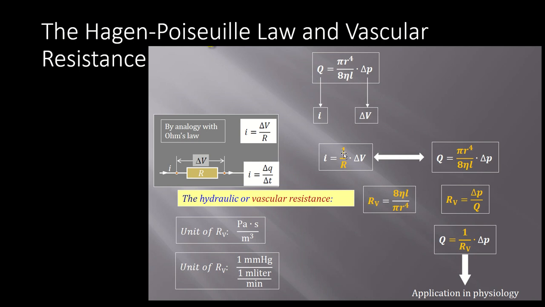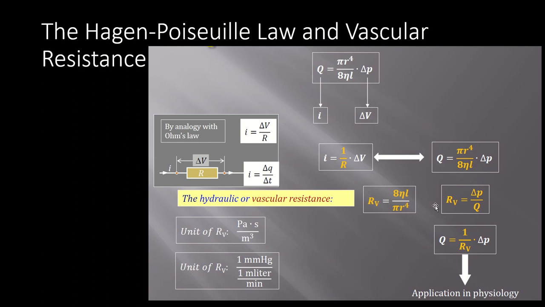Therefore, if we take the reciprocal of this, vascular resistance in vessels is equal to 8 eta L over pi r to the fourth, or 8 times the viscosity times the linear length across, or the height of our cylinder, multiplied by pi times the radius to the fourth power.